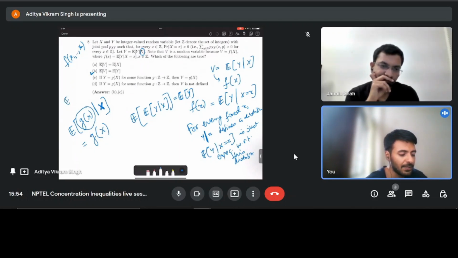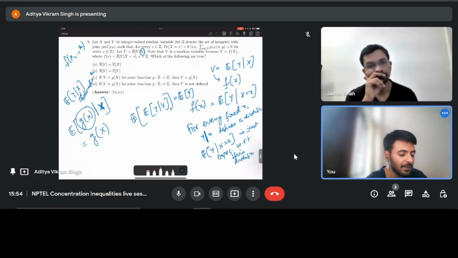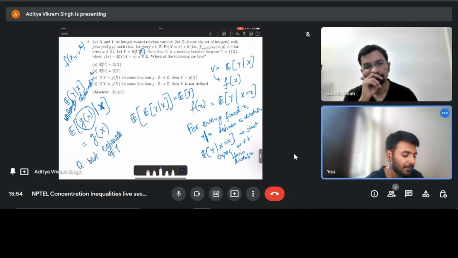This is what expected value of y given x says. You have observed x, and y is unobserved. So the question is, what is the best estimate of y once you have observed x? And best in what sense? Best in mean square sense.